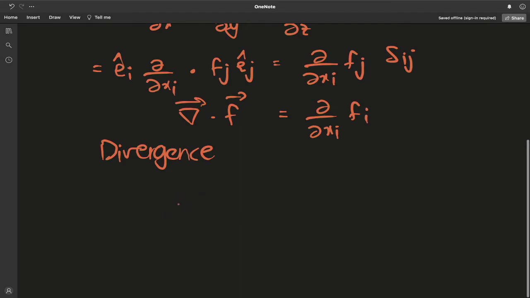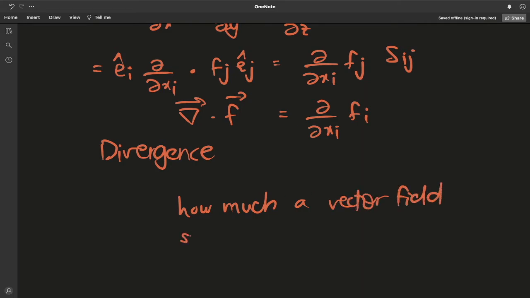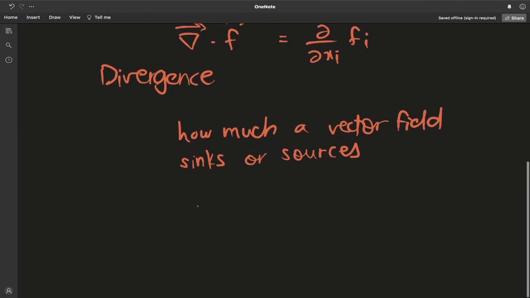It tells you how much the vector field sinks or sources. So assuming you have a vector field that's somewhat like this.